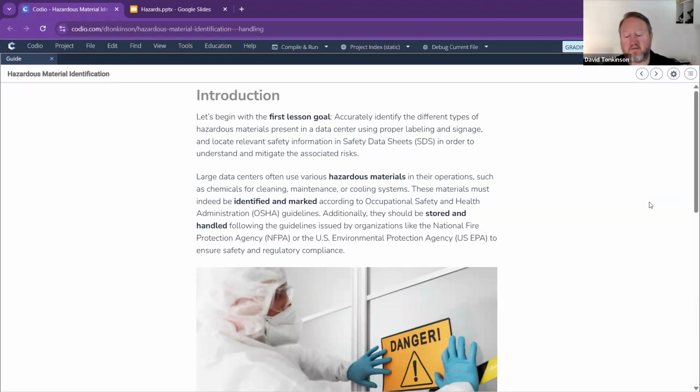So Occupational Safety and Health Administration, so OSHA, they love their acronyms nearly as much as we do in IT in this sort of industry. Okay, additionally, they talk about how they need to be stored. Okay, there is the National Fire Protection Agency, NFPA. And of course, in the US, there's the EPA, so the Environmental Protection Agency, to ensure that all these regulations and compliances are basically done.